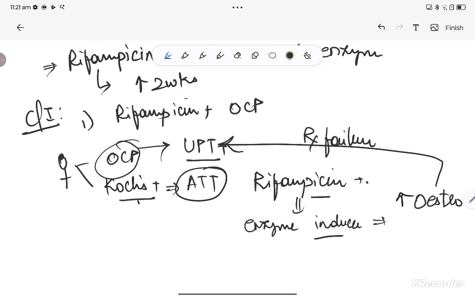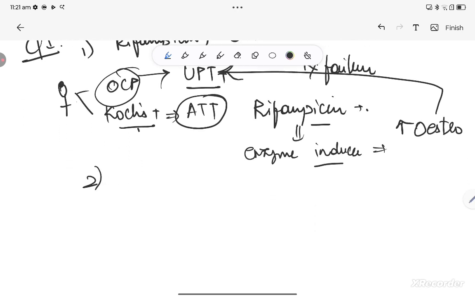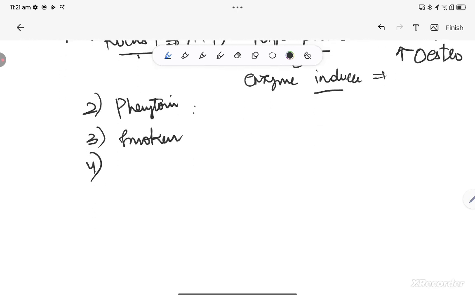One more example. Phenytoin: a patient who is on phenytoin has increased vitamin D degradation, resulting in more osteomalacia. Omeprazole: smokers don't respond, their response differs, because of the same principle. In the same way, long back, newborn babies, neonates, were given phenobarbital because it is a potent enzyme inducer.